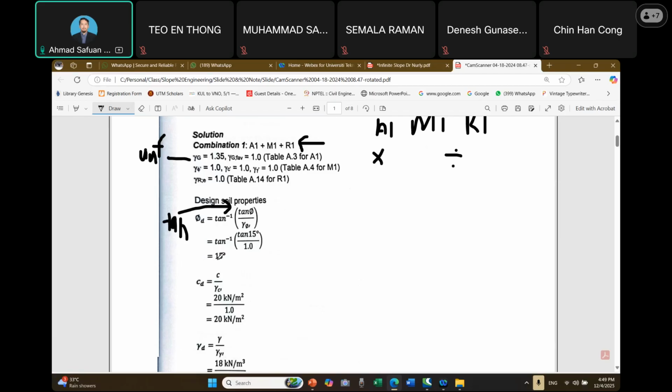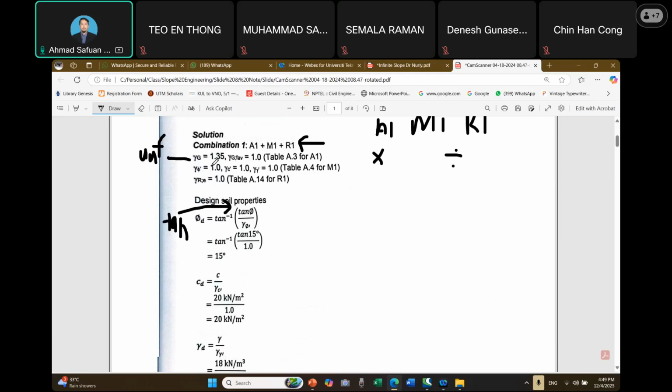For combination one, there are no significant differences, because all the values of M1 are equal to 1. But when we go to combination 2, gamma phi has a difference. It's not 1.